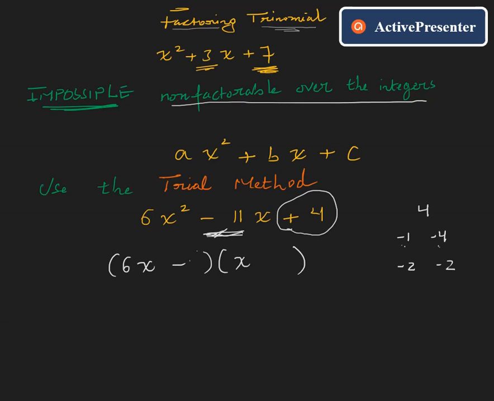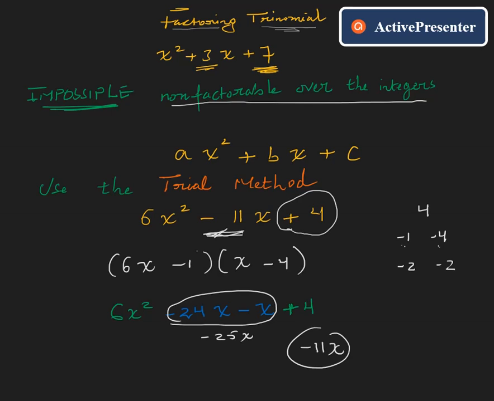Let's say here -1 and here -4, and use the distributive property to check if the middle term is -11x. After using the distributive property, we'll find -25x, which is not the -11x that we are seeking. We are not going to use the whole distributive property always. However, we are interested now in these numbers.